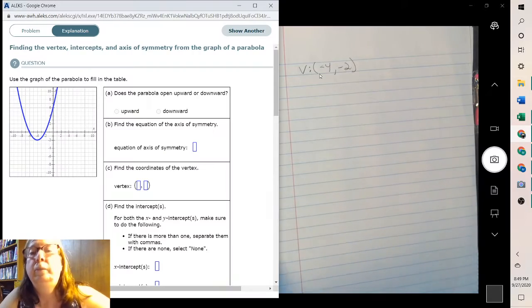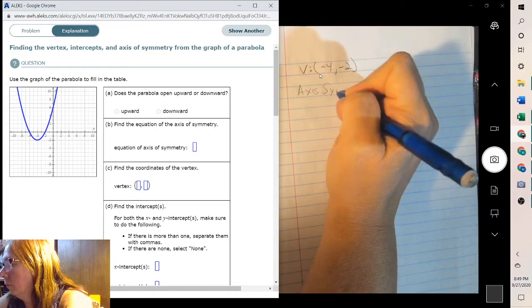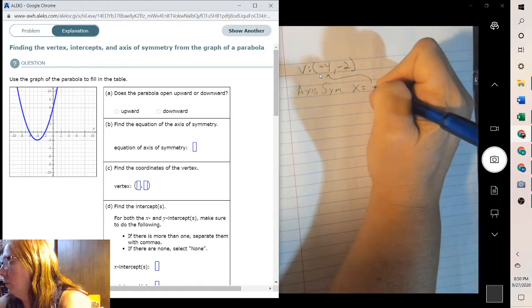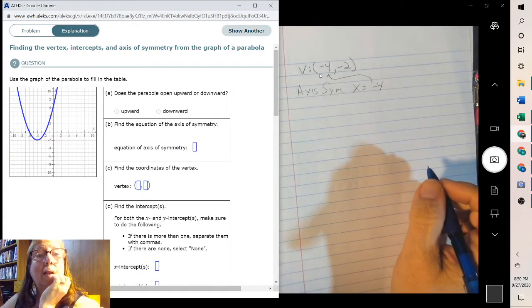Your axis of symmetry comes from the vertex, and that's why I said to find it first. It's always x equals, and it's whatever the value is from the vertex. So it's x equals -4.